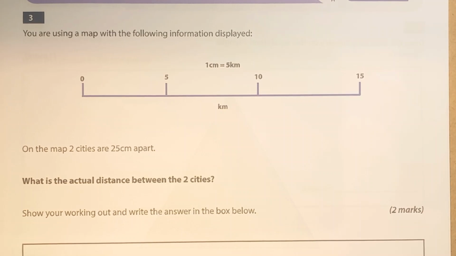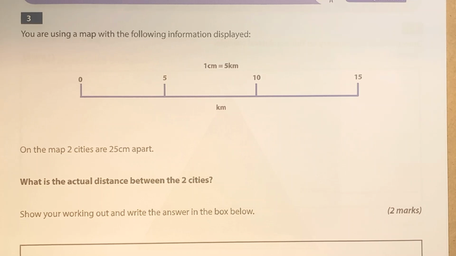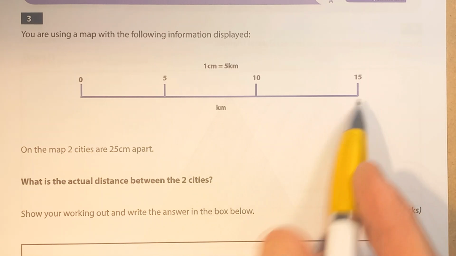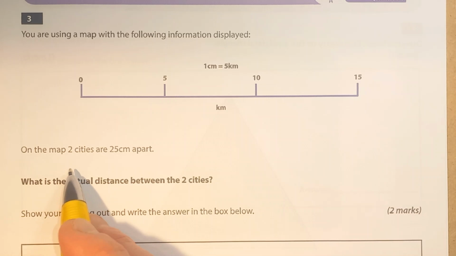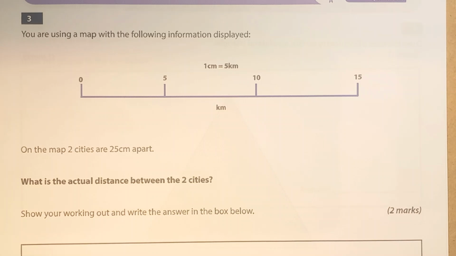Question 3. You are using a map with the following information displayed. So we've got 1 centimetre equals 5 kilometres. And this is in kilometres, so we've got 5, 10, 15 kilometres. On the map, 2 cities are 25 centimetres apart. What's the actual distance between the 2 cities? Show your working out and write the answer in the box below.